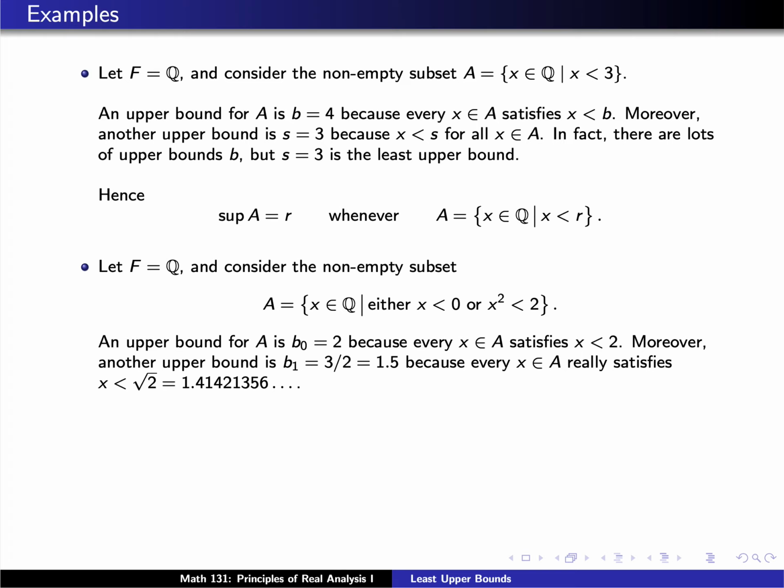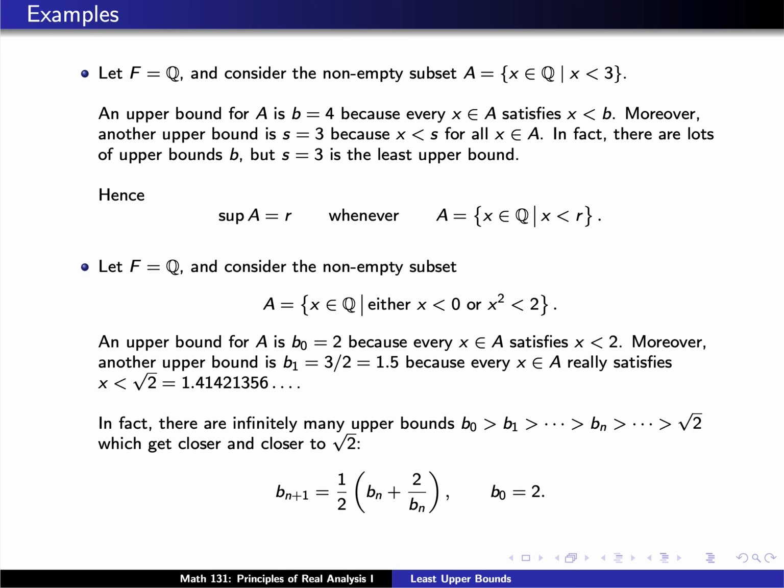Moreover, another upper bound is B sub 1 equals 3 halves because every element x in the set has to be less than the square root of 2, which is equal to 1.414. In fact, there are infinitely many upper bounds, B sub 0, B sub 1, B sub 2, and so on, which we can choose to get closer and closer to the square root of 2.